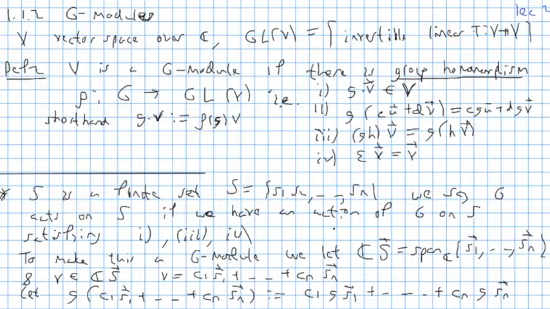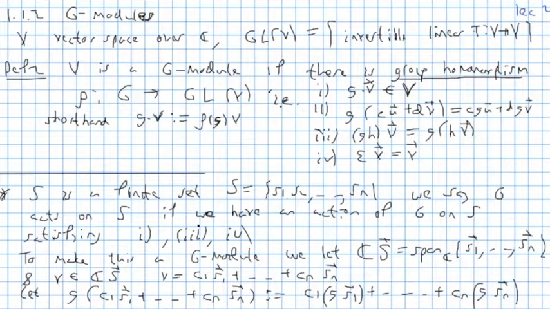Each G S1, where S1 is the vector corresponding to the element S1, would be the vector corresponding to whatever element G sends it to. So if G sends S1 to Sk, then this would be the vector Sk. This is the definition, and that way, property two now holds.